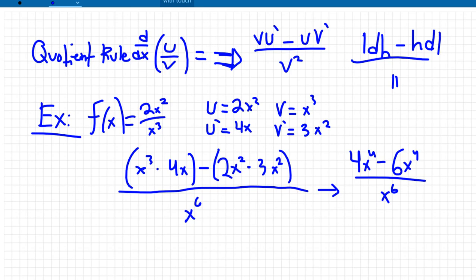Those share bases, so we get negative 2x to the 4th over x to the 6th, which is negative 2x to the negative 2nd. So the derivative of 2x squared over x cubed is negative 2x to the negative 2nd.